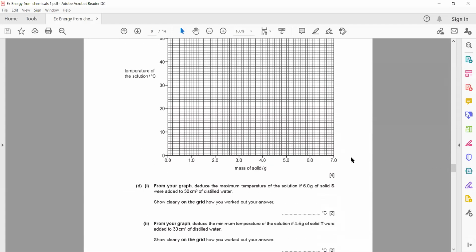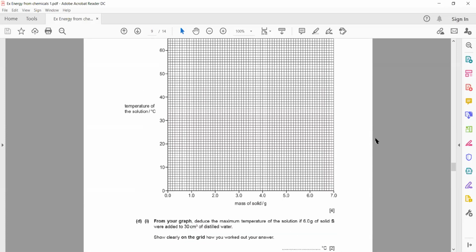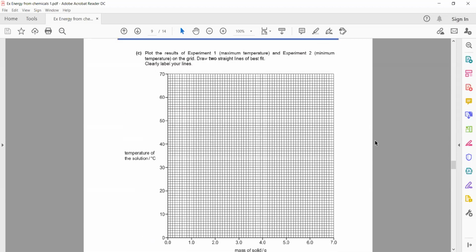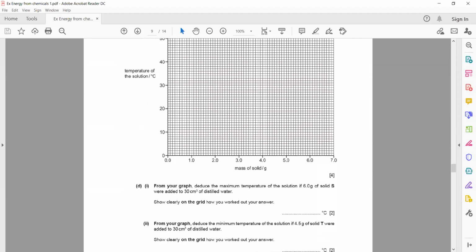From your graph, deduce the maximum temperature of a solution if 6 gram of solid S was added to 30 cm cube of distilled water, and show clearly on your grid. So in this case, first you should plot a graph.